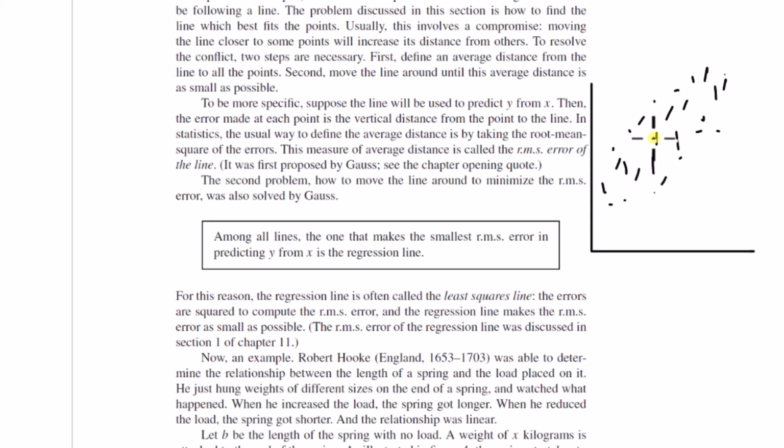We can obviously use the method that we learned in the previous few chapters, with the equation of the regression line. Absolutely. But what they're talking about here is just another perspective of looking at how we can calculate the equation for this exact same line.